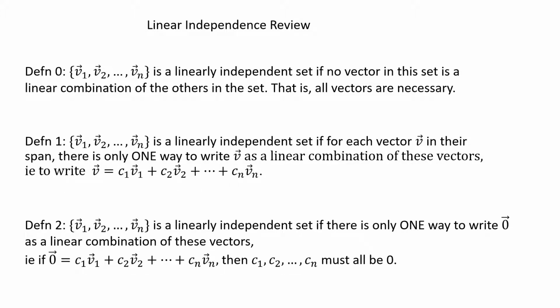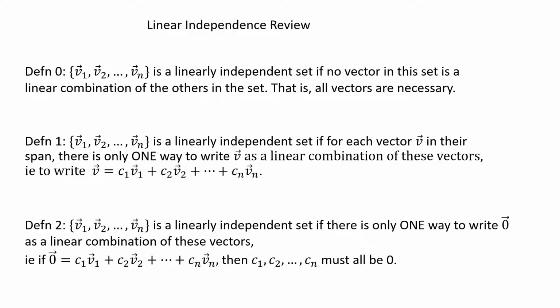So we started really specifically looking at whether or not elements of this set can be written in terms of other elements of the set. Then we expanded this to say anything that's a linear combination is only a linear combination in one single way. Now when we want to get something that we can check easily, we're going to go to definition 2, which says that in particular, if we can show that there's only one way to write the vector 0 as a linear combination of V1 through Vn, then our set is going to be linearly independent.